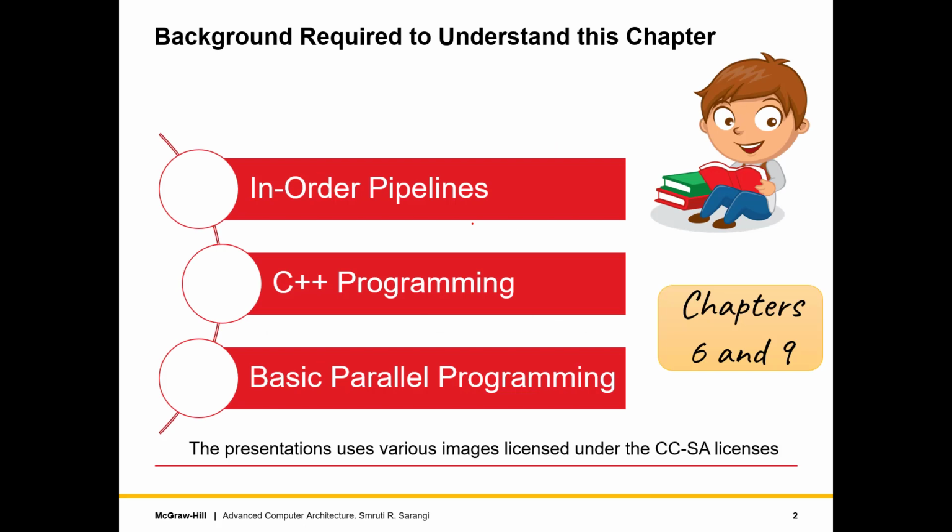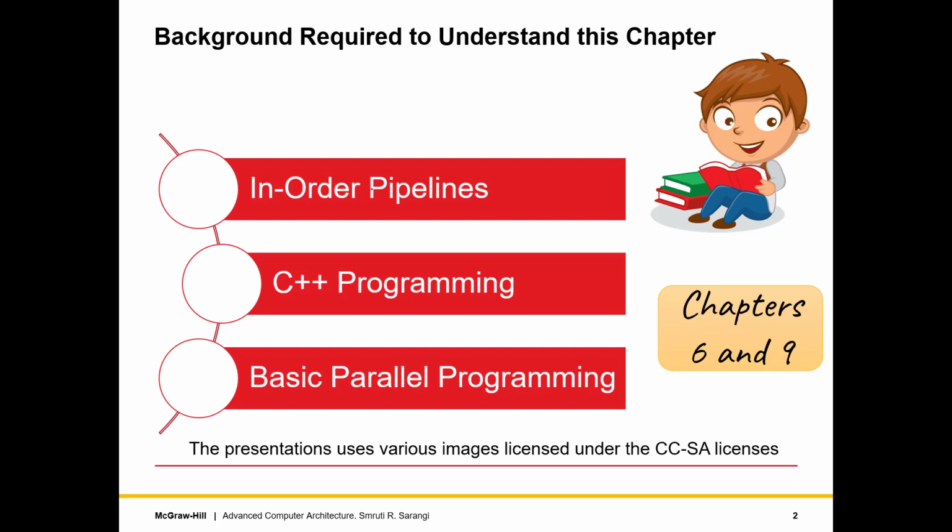A little bit about the background that is required. We need a background in order pipelines, which most of you have till this point. This is the last chapter of version one of the book. We also need C++ programming and basic parallel programming. This is required to understand how parallel programs are written, because something as computationally heavy as ML is actually written with the help of parallel programs.